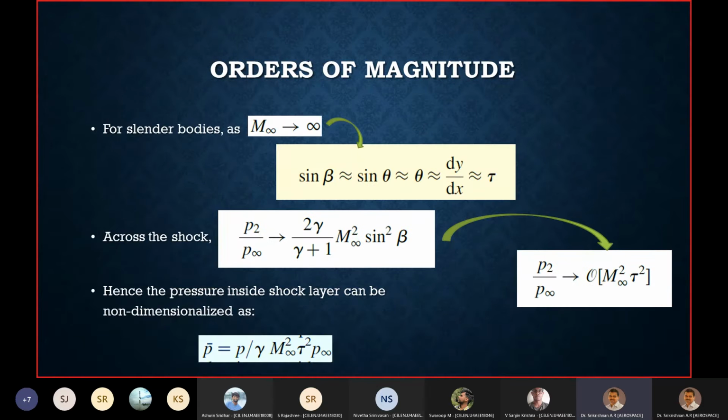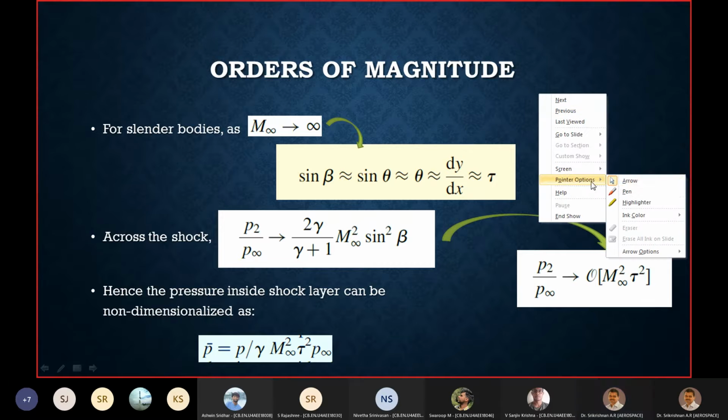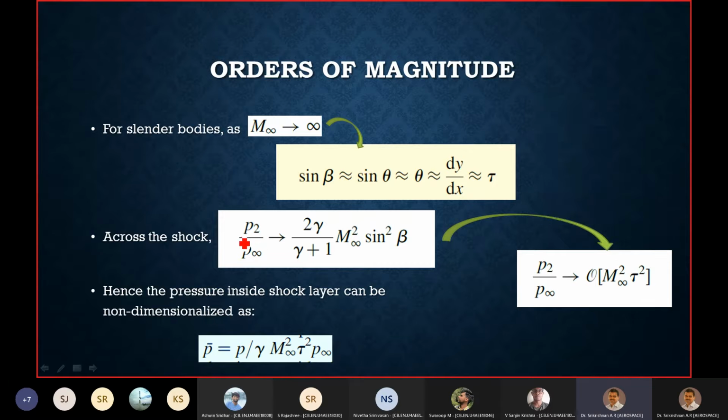Sorry, I don't know whether I missed out explaining this, but at least I'll show P2 by P infinity from here. P2 is the pressure after the shock, static pressure. P infinity is the static pressure of the undisturbed free stream approaching flow. When M tends to infinity, the value of this tends to 2 gamma by gamma plus 1 M infinity squared sine squared beta.